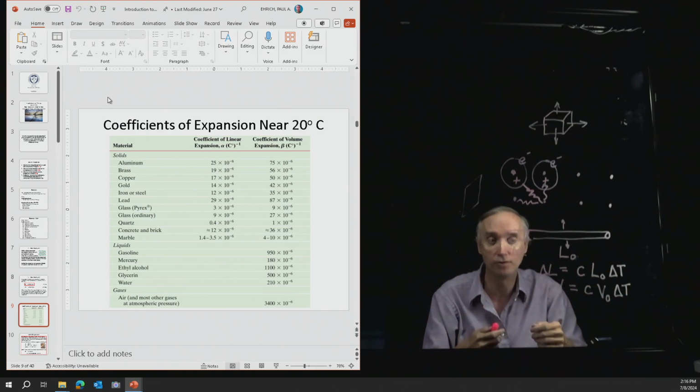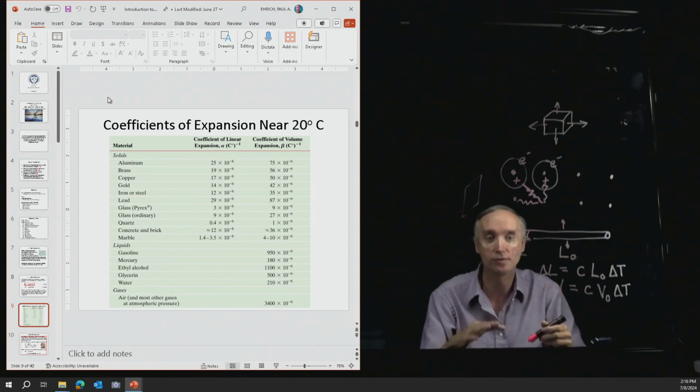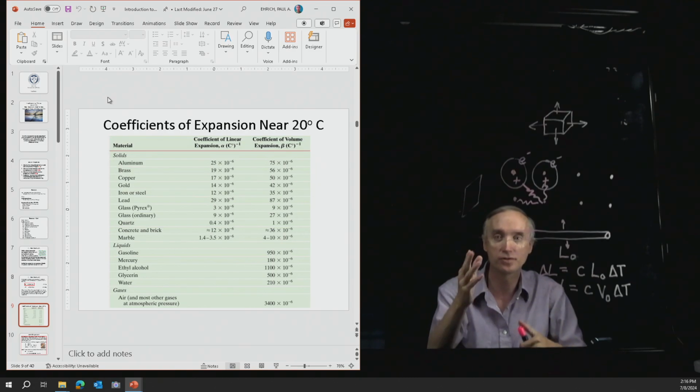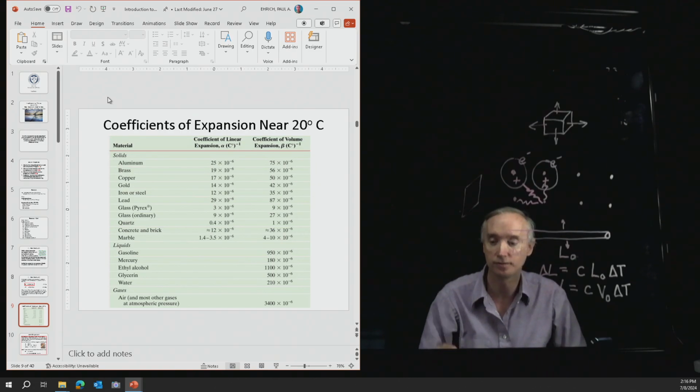You already know that because do you remember the equation of an ideal gas? Pressure times volume equals nKT. So if you increase the temperature, what happened to the volume? It increased. So that's a special example of this expansion type deal. Those are some different expansion coefficients.